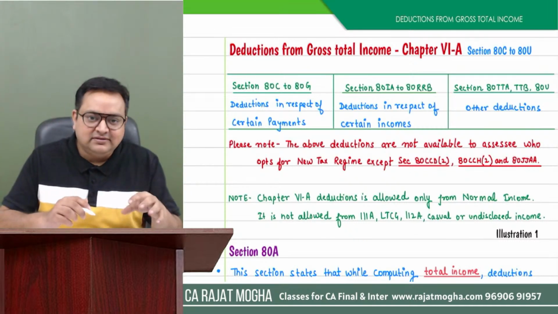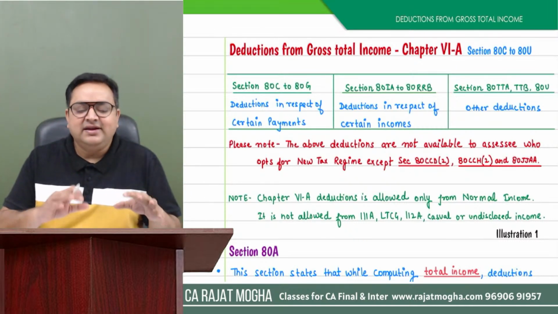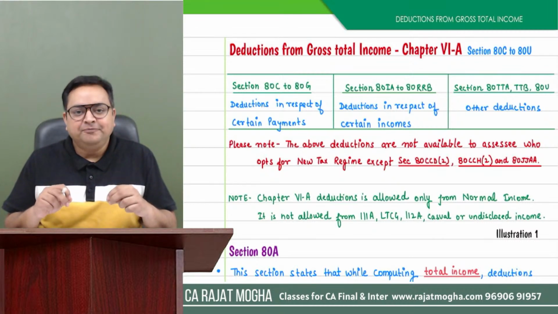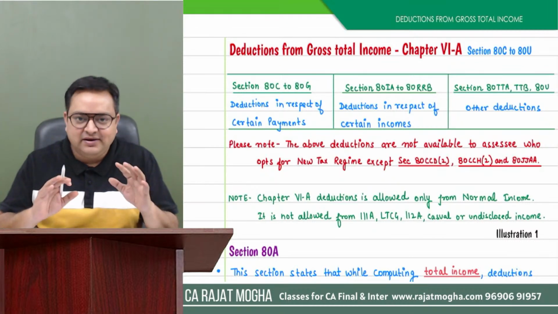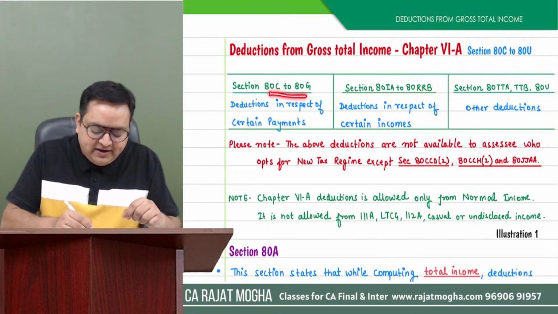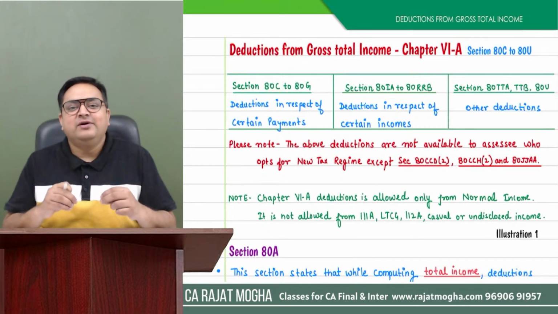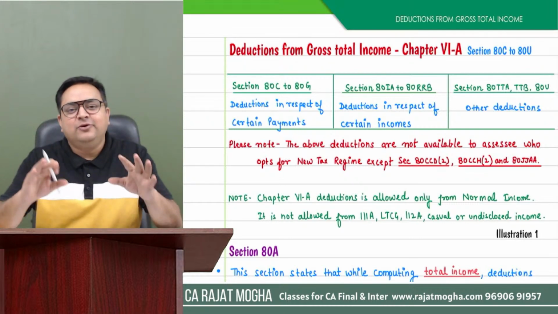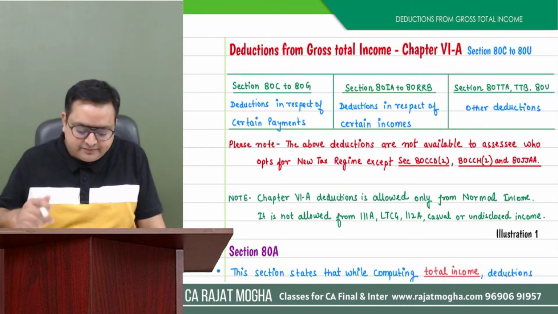To summarize, you have to make a cash outflow. Then only you can claim these deductions. So 80C to 80G are deductions in respect of certain payments. Whenever you make certain payments, then only you can claim deductions, right?